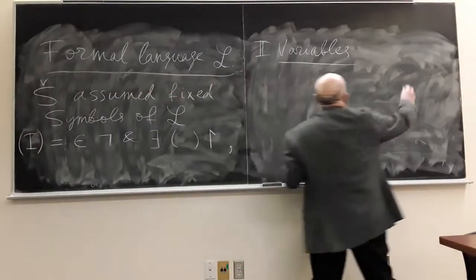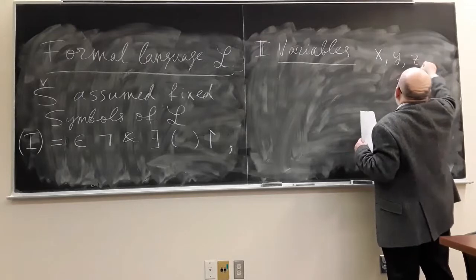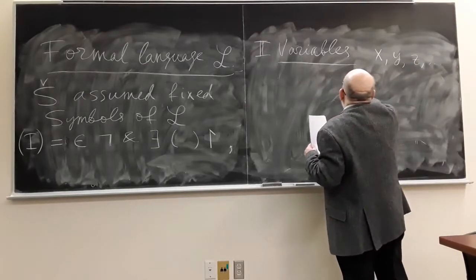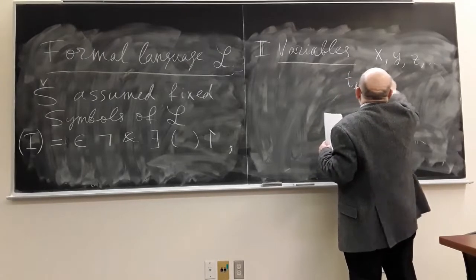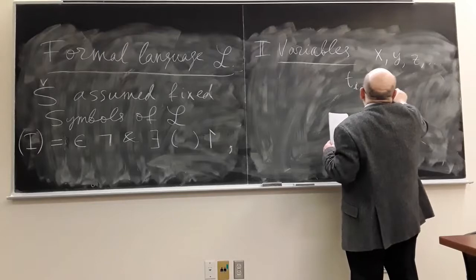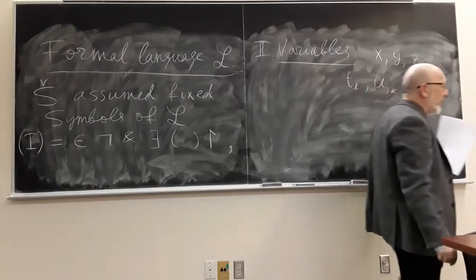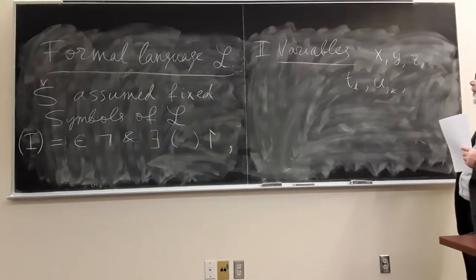We denote them, say, x, y, z, and so on, maybe with indices, t, i, u, j, k, maybe with some decorations. We should have enough symbols.